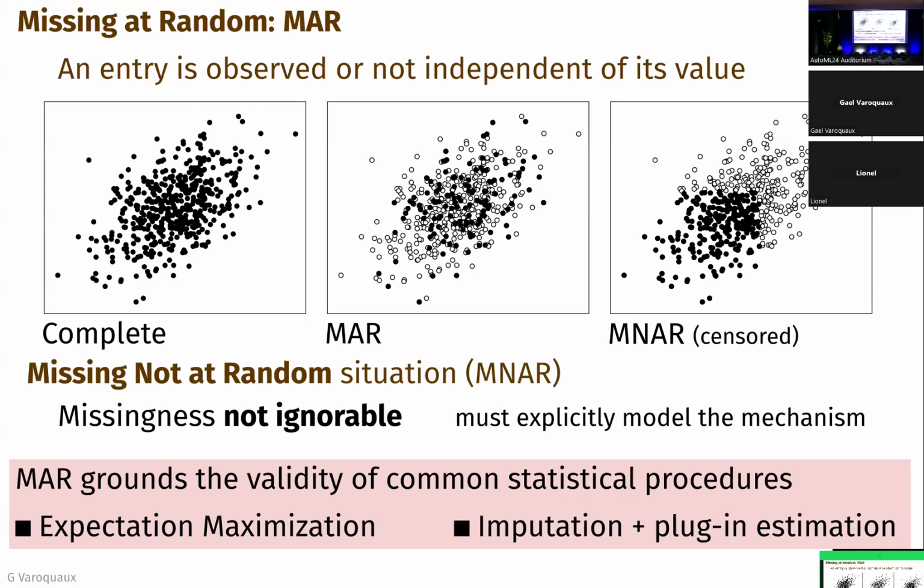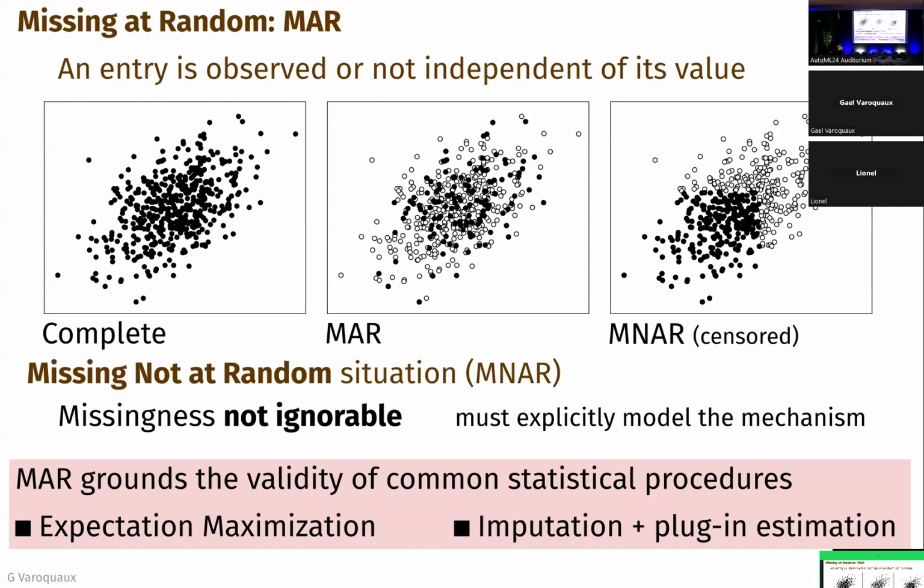So typically, if I have a setting where whether a value is missing or not depends on the entry, I'm typically not in an MAR setting. So for instance, when I have censoring. If we go back to the example of Rich this morning, I don't remember what the value was, but basically it was missing more often for very large values, okay?